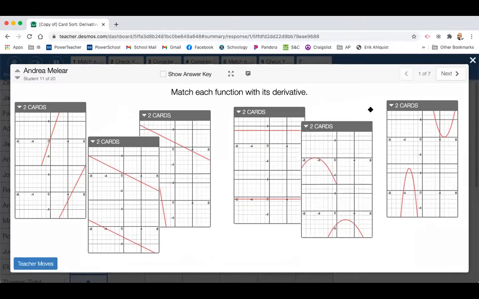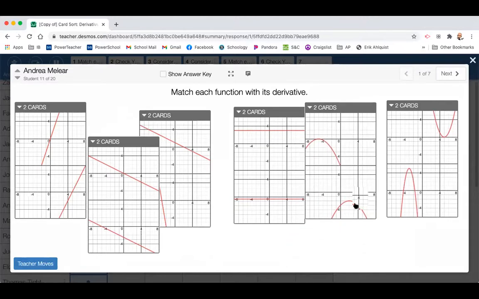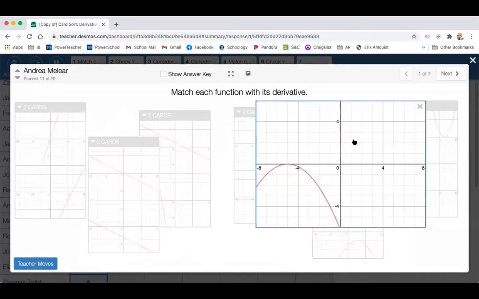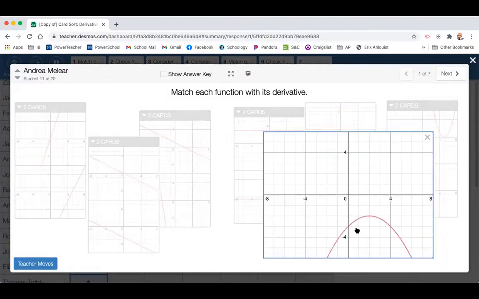So I'm going to pull apart these two, and double click on this one and get it bigger. Now, when I look at this card, I look at a graph that is increasing. This graph is increasing all the way up to right here at x equals 2.